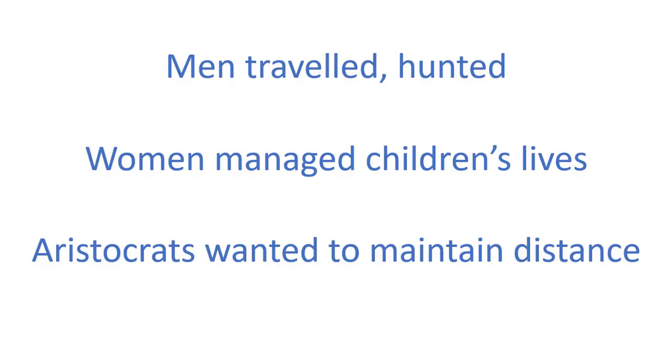Upper-class men took advantage of imperial conquests to engage in leisurely pursuits like traveling abroad and big game hunting. Upper-class women, meanwhile, had control over households full of servants. Women also tended to control their children's lives to ensure they became friends with the right people, went to the right schools, and had paths to the right careers.